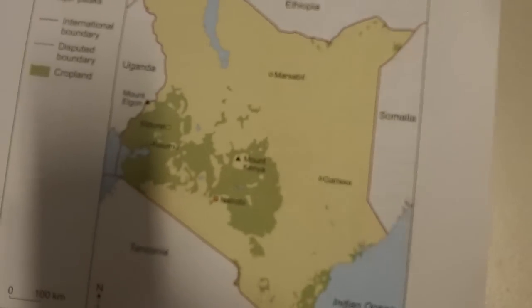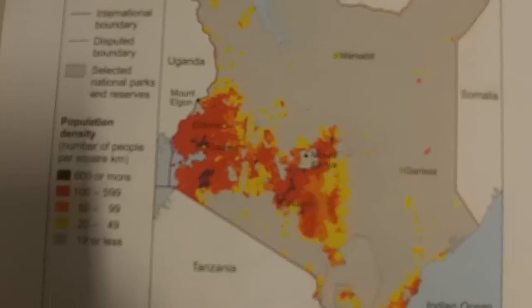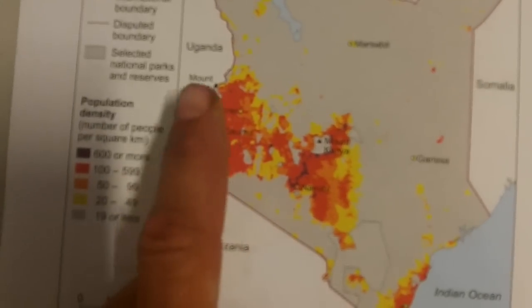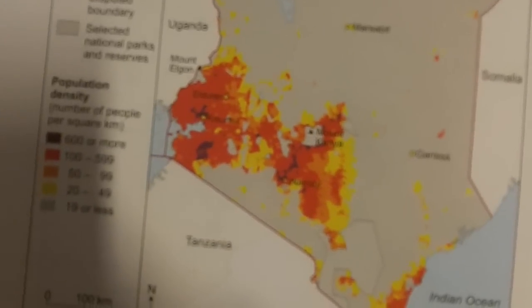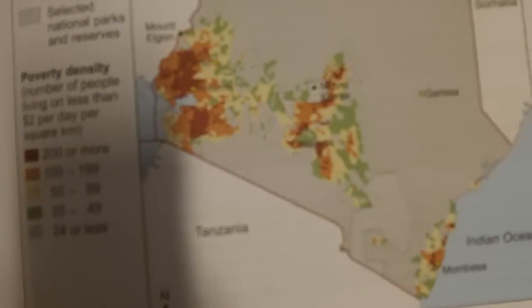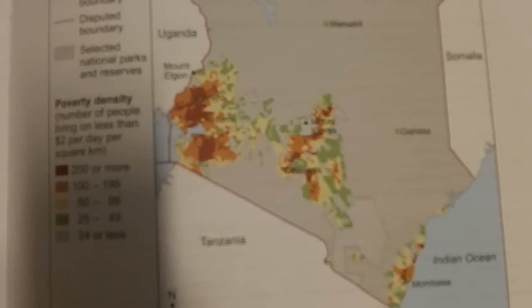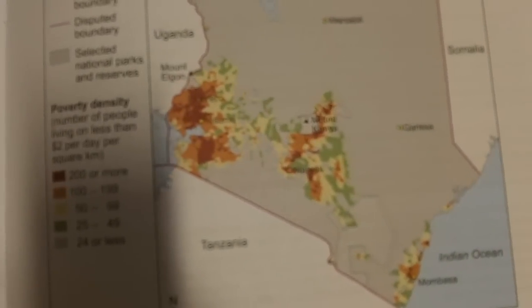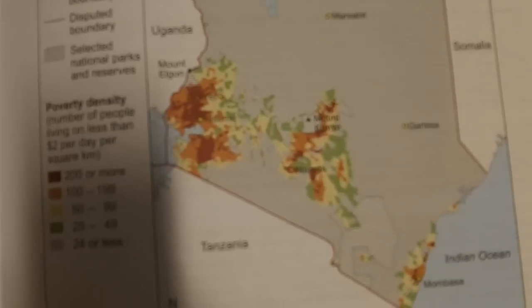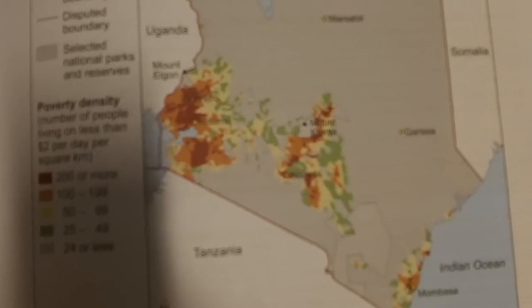And because there's more cropland, because there's more precipitation, because there's more rainfall, it's where everyone lives. Yeah, there's a clear correlation between where people live, the relief, the altitude, and then if we look at the density of poverty, you can see it's really poor wherever there are loads of people. All right, so if you were going to be Riders for Health, you'd be the government, you'd be looking at this going, right, these are the people we need to be targeting with our health scheme.